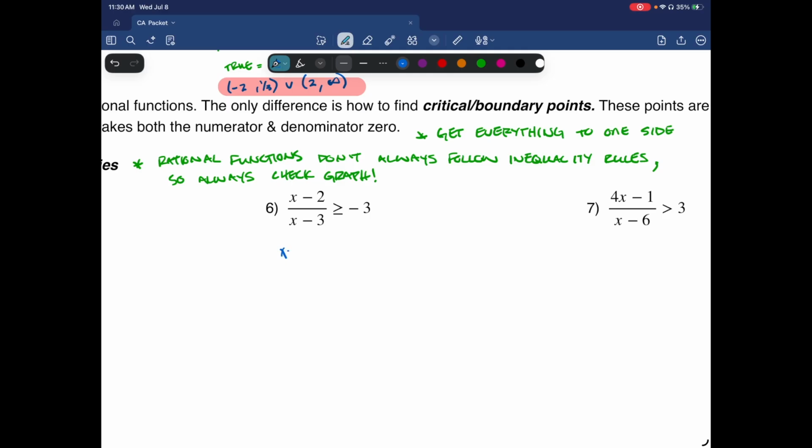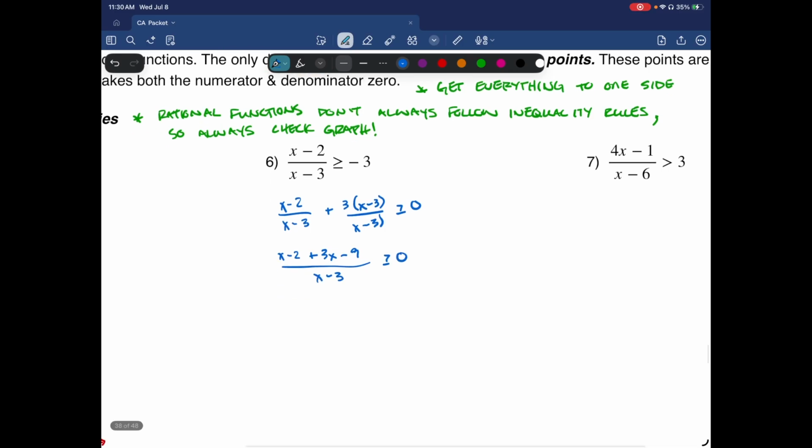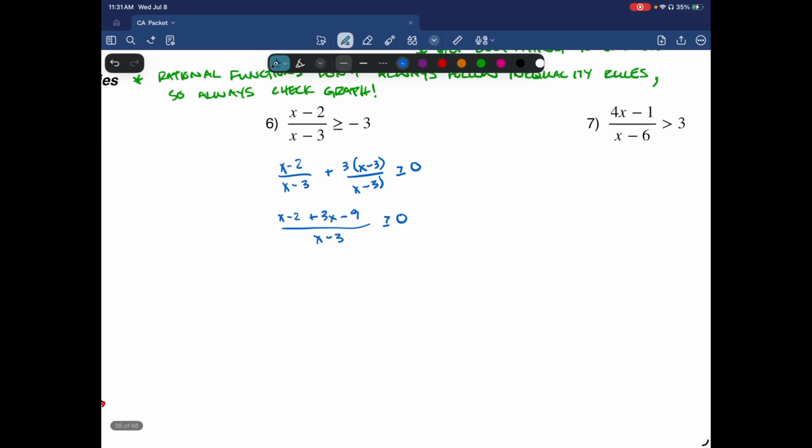All right, 6. So we got (x minus 2) over (x minus 3) plus 3(x minus 3) over (x minus 3) greater than or equal to 0. All right, so this is going to be (x minus 2 plus 3x minus 9) over (x minus 3) greater than or equal to 0. So that's going to give me 4x minus 11 on top, and x minus 3 on the bottom.